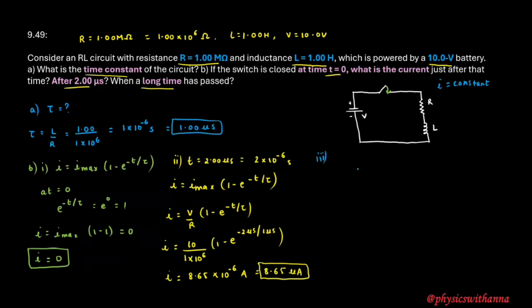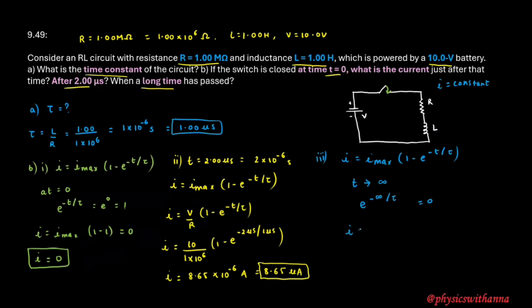And you can also check this using the rule. We know that I equals I max times 1 minus e to the power negative t over tau. After a long time, we can take the value of t almost approaching infinity. So we get e to the power negative infinity over tau, which is equal to 0.